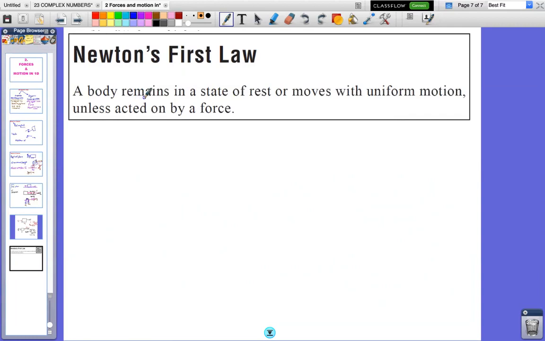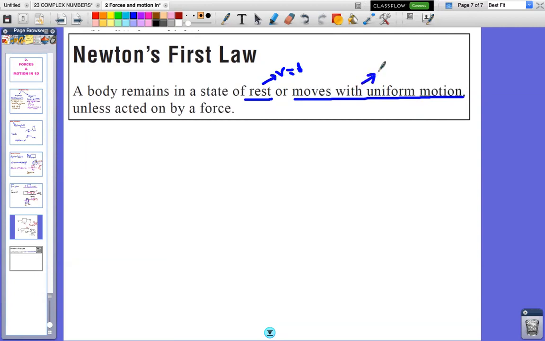a body remains in a state of rest, or it will move with uniform motion. It remains in a state of rest. This means velocity is 0, or it moves with uniform motion.